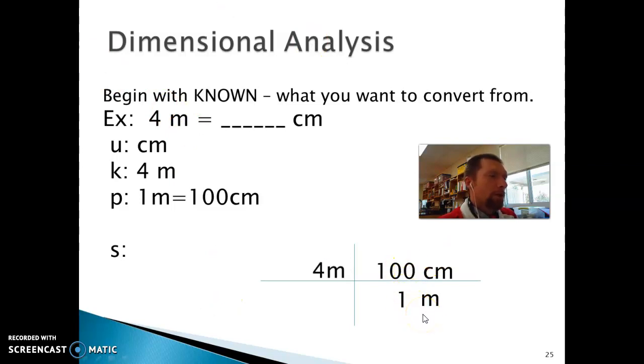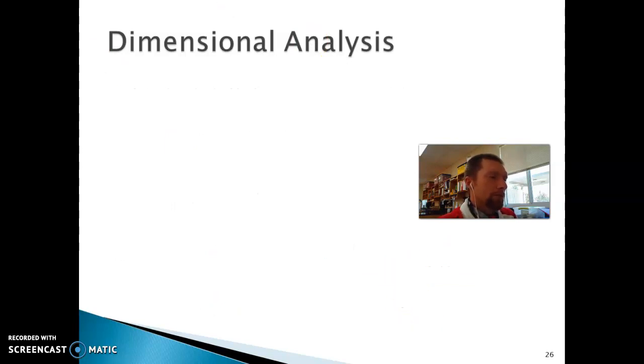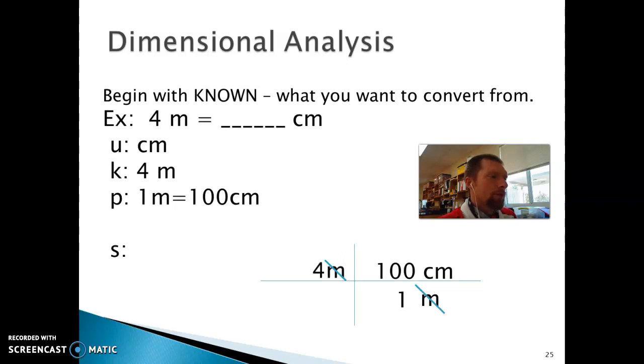All right. So once you do that, notice the meters cancel out because this meters is in the numerator and this meters is in the denominator. Basically, these are like fractions, and we're multiplying them. So the lines are kind of like parentheses, and we're just doing math here. So numerator of a fraction, denominator of a fraction.